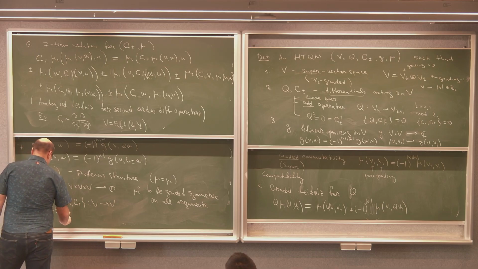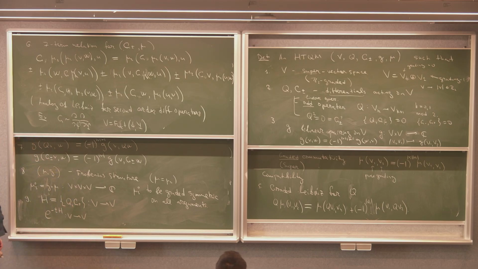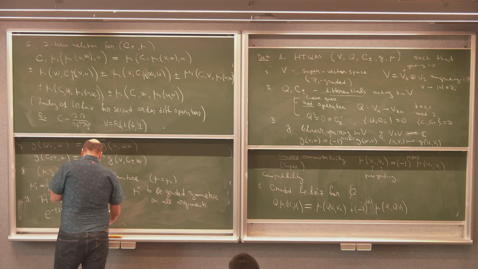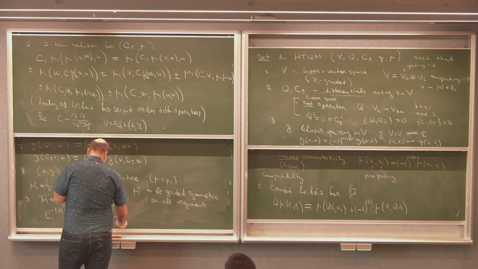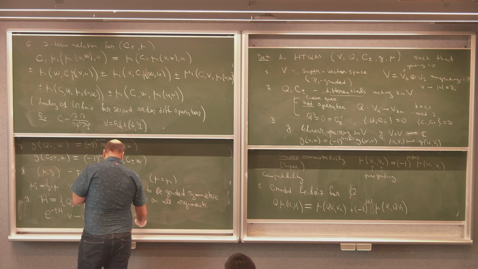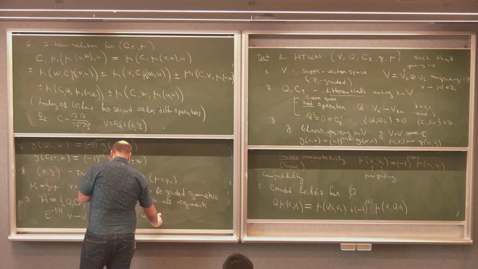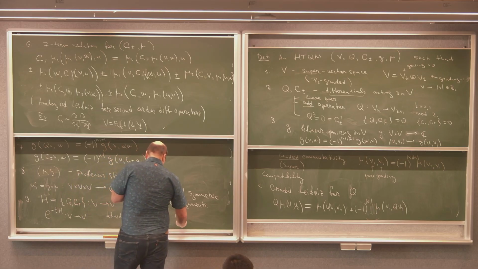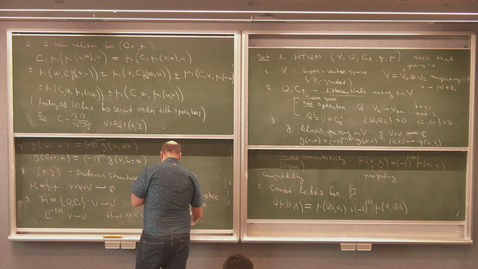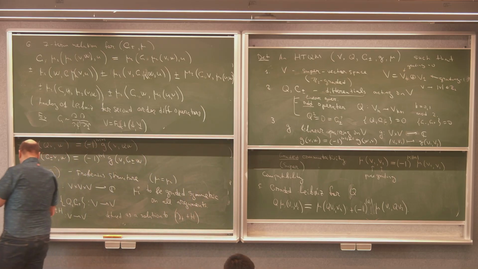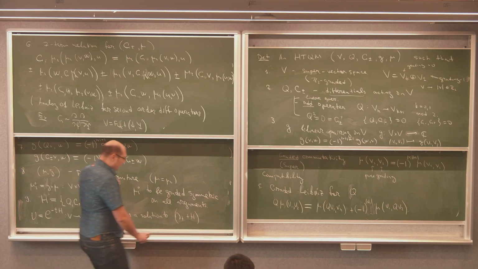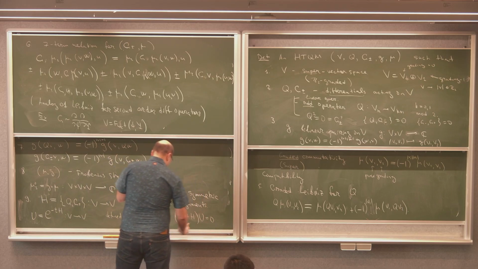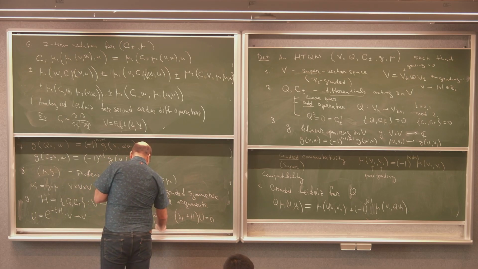That is also an operator from V to V. And this e to the minus tH is defined as a solution to the following differential equation, with U of 0 being the identity operator.